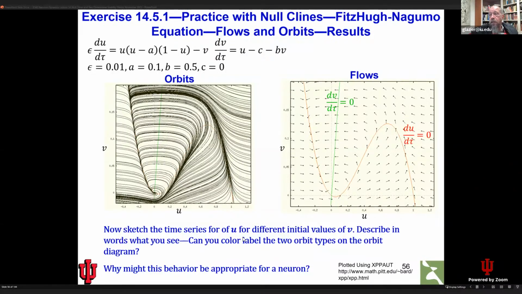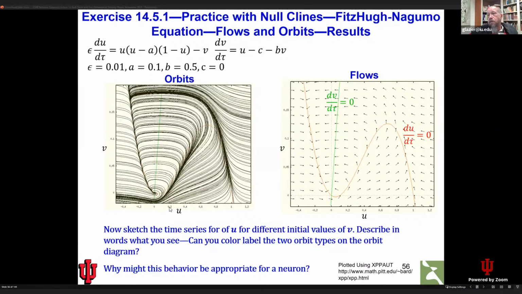I was impressed by the orbits. So maybe somebody would like to try to generate those orbits using the code that you've got.